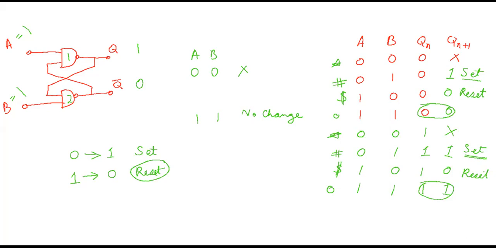Okay. So have you got the thing? Yes, sir. So my conclusion is a 0 at A, I mean 0, 1, in both the cases you see 0, 1, the circuit is set.